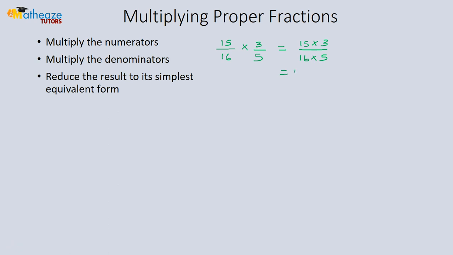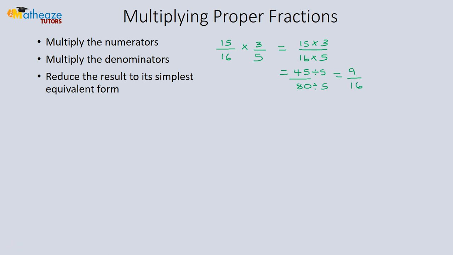So this is going to give us 45 over 80. Now, because of the digit it ends with, you can see that we can divide by 5 in both instances. 45 divided by 5 gives you a 9. 80 divided by 5 gives you a 16.